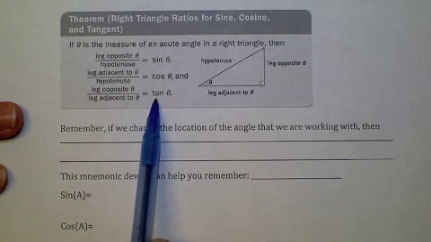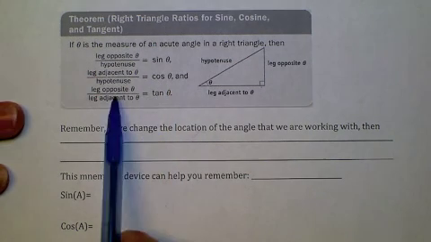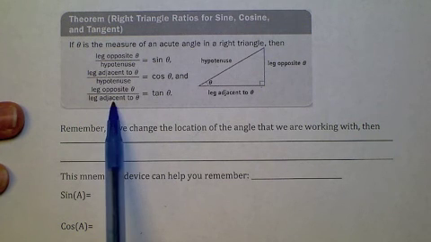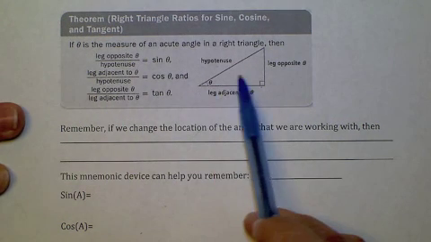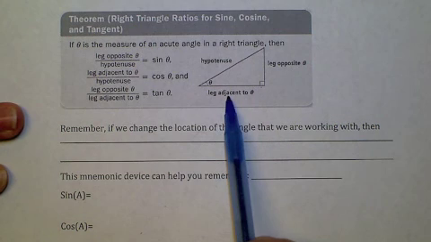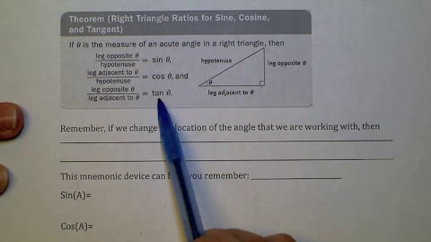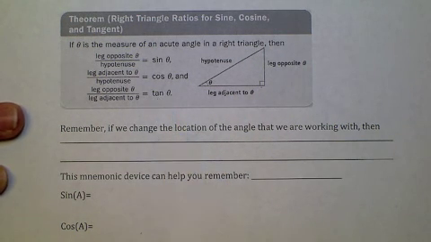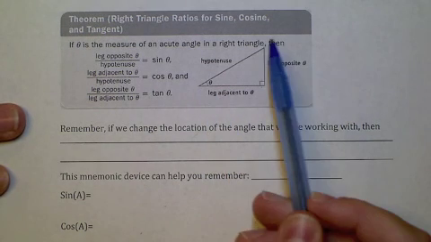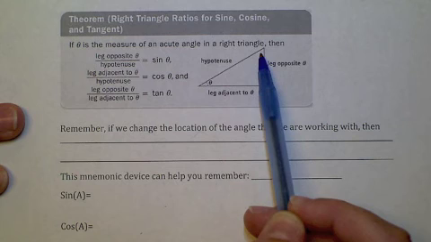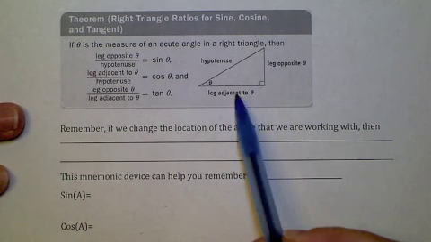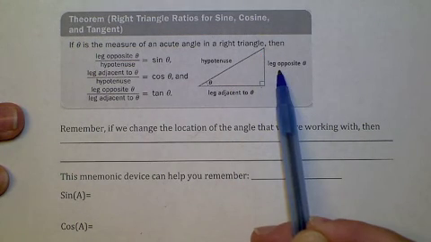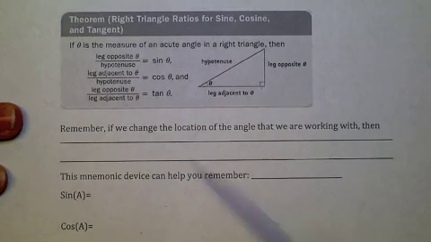Tangent of theta is the opposite over the adjacent side. So opposite again, across from the angle. We just talked about adjacent. That gives you tangent of theta. Now the tricky thing can be if I were to say that this angle up here is theta, well then this side becomes opposite and this side becomes adjacent. So I have a little note about that.